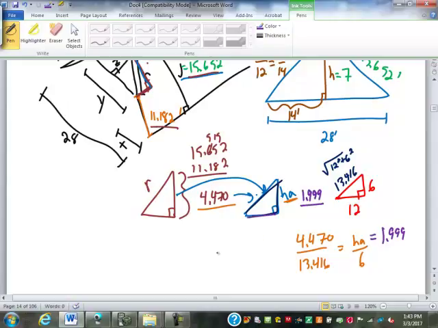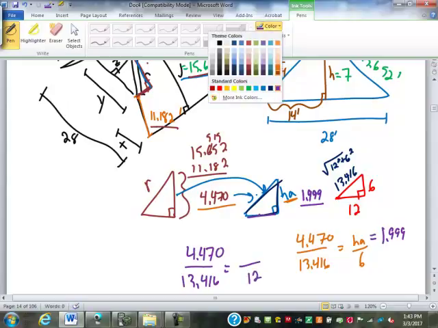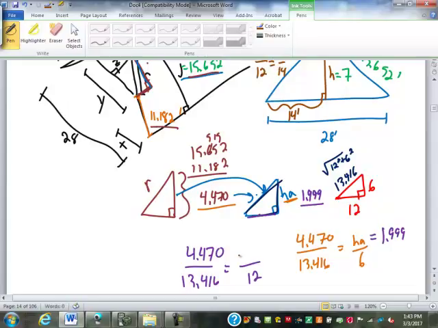How about for down here? We're going to do the same setup. 4.470 over 13.416 equals that over 12. I cross multiply and divide. 3.998.